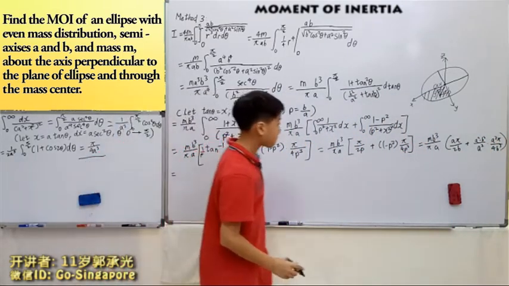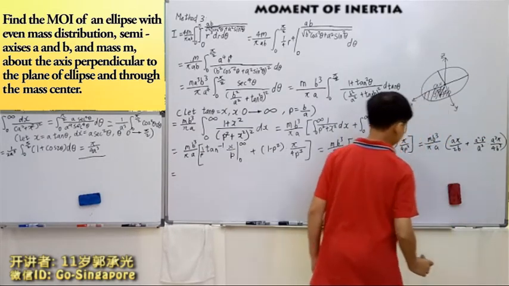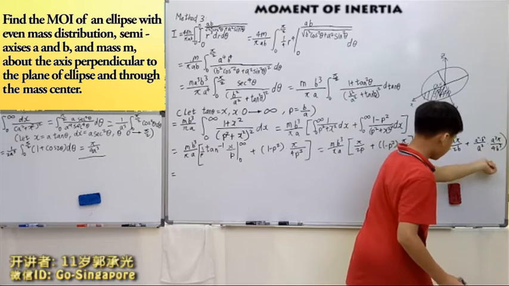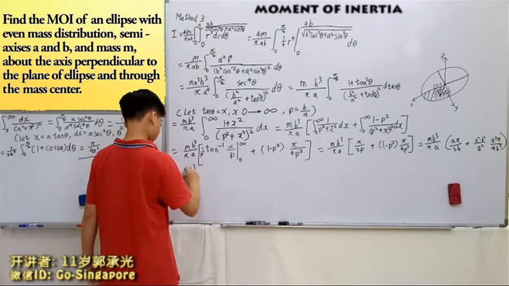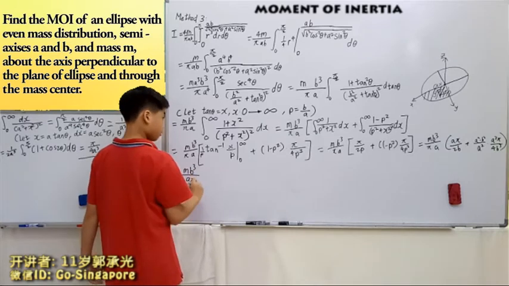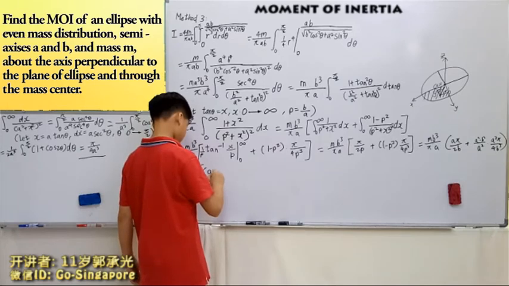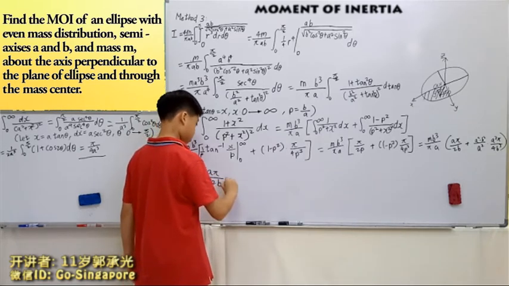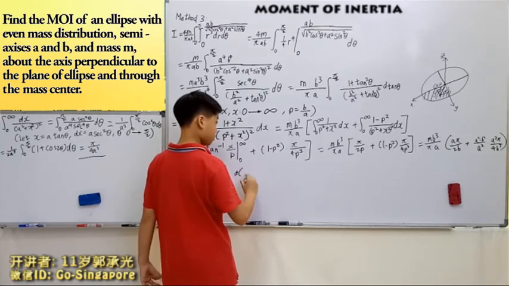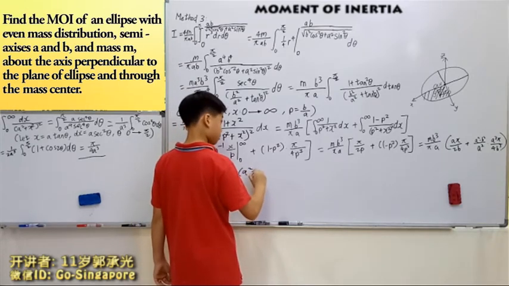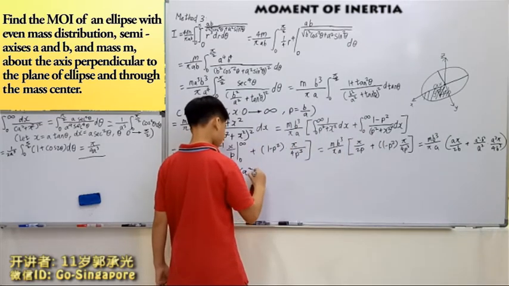And then simplify, times it together. Wait, this is a minus b squared.